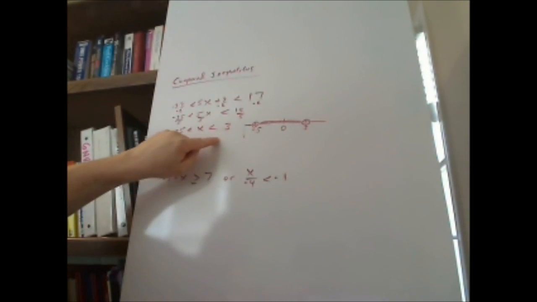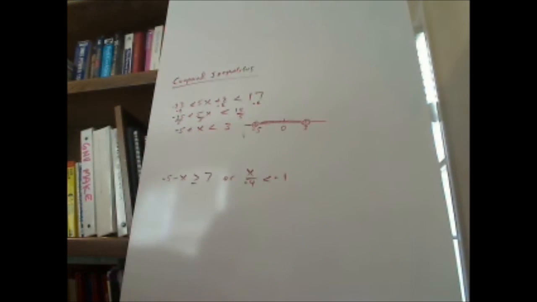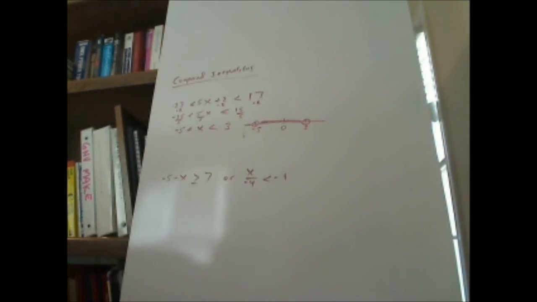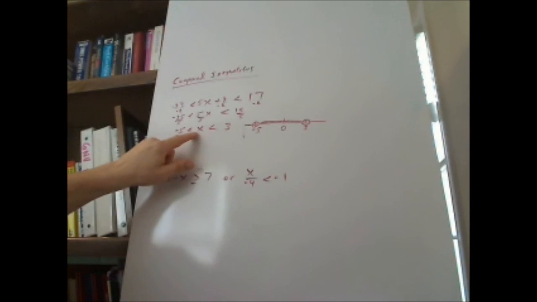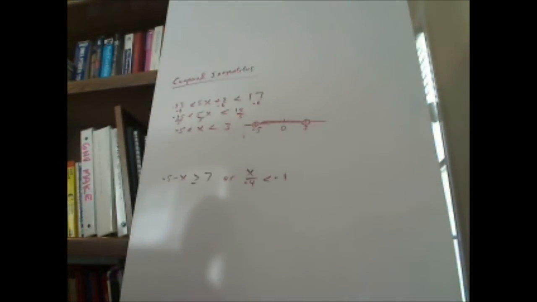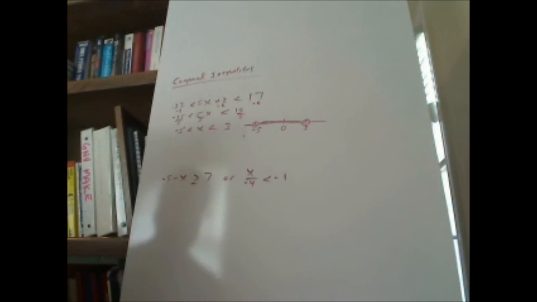Take a number over here, say minus 10. Minus 10 is not a solution because minus 10 is smaller than minus 5. Take another number here, say plus 5. Is 5 a solution? Well, 5 is greater than minus 5, but 5 is not less than 3. Therefore, that's not a solution. Therefore, this graph is your solution. Okay.